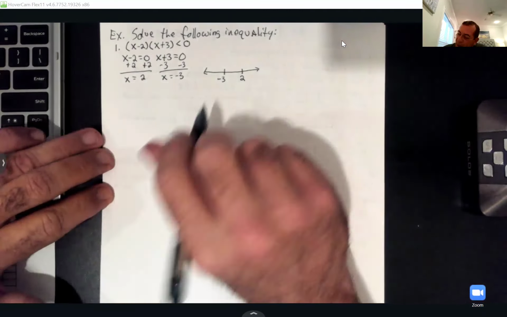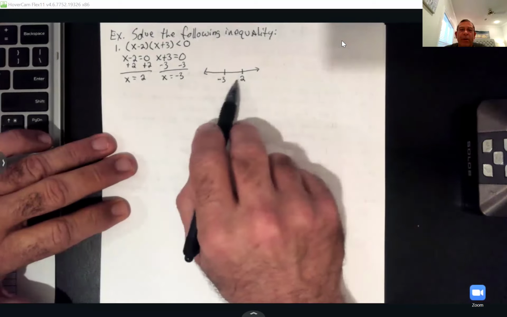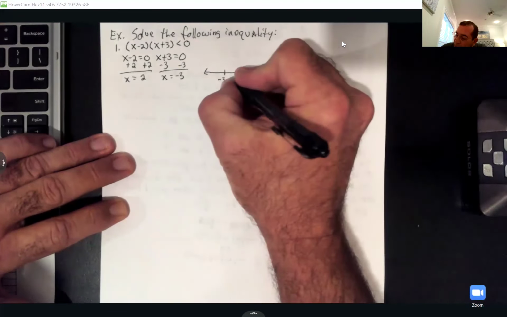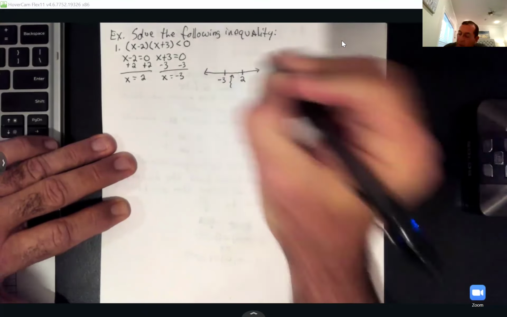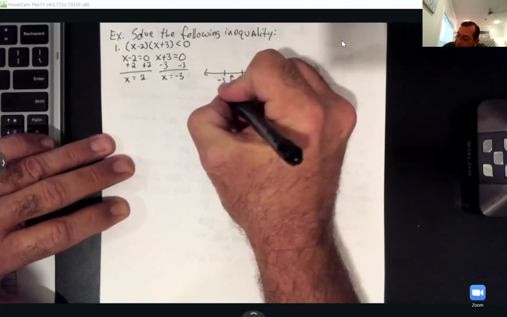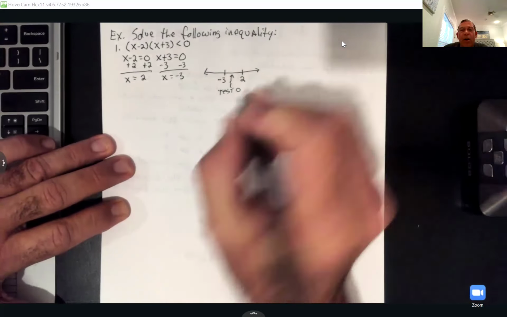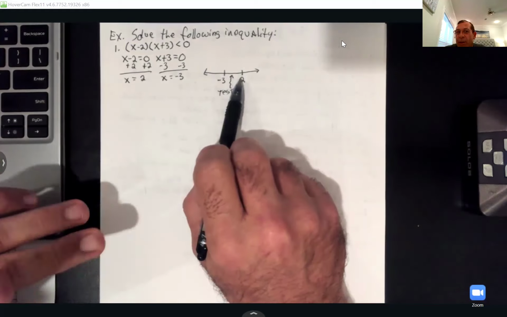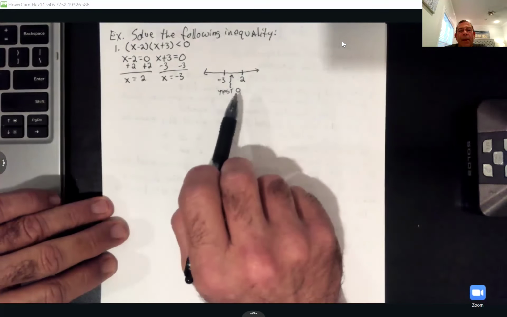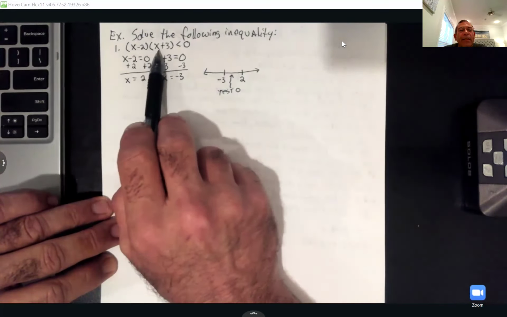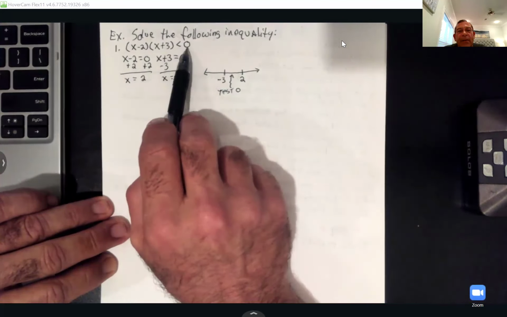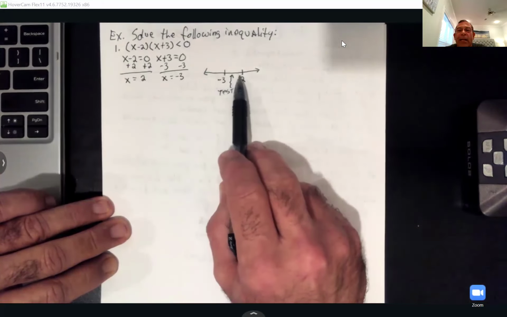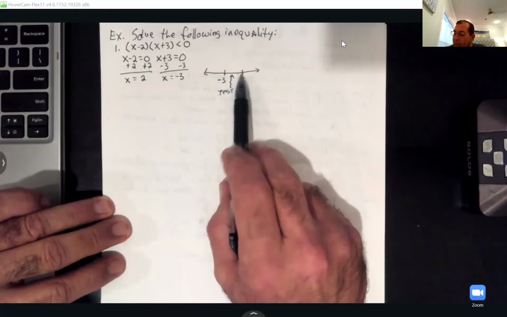So y'all, here's what I do to this. I look and see where 0's located on here. Well, 0's in between -3 and 2. So what I'm going to do is test the interval where 0 was located. Now, if I put 0 into this equation and it's less than 0 is my true solution here, then I'm going to shade where that 0 was located.